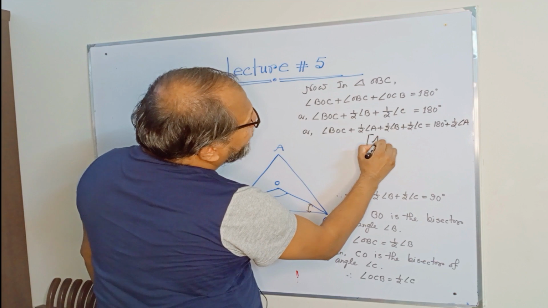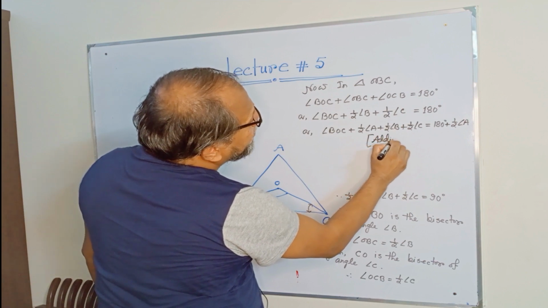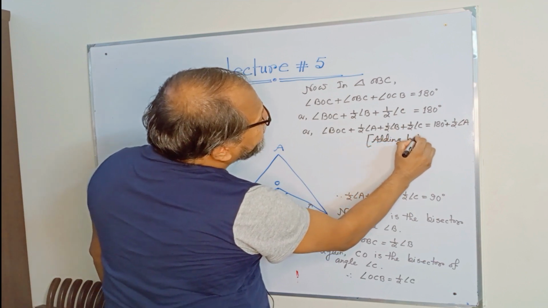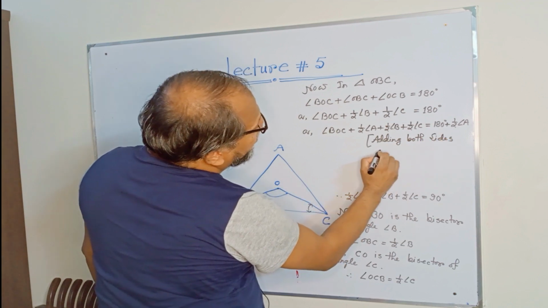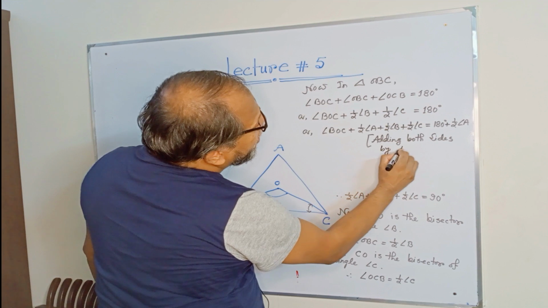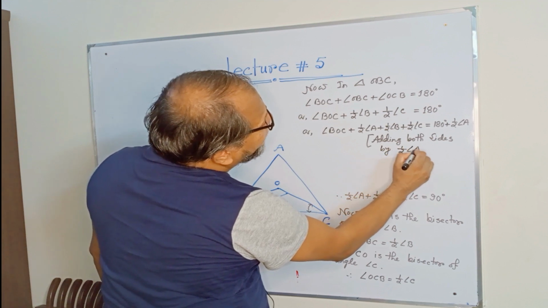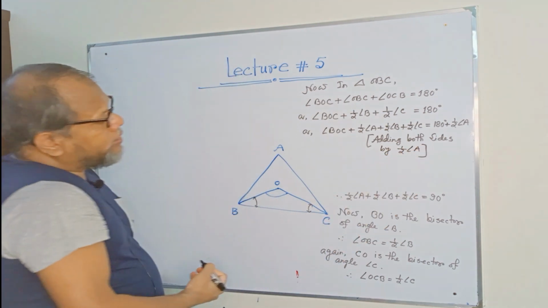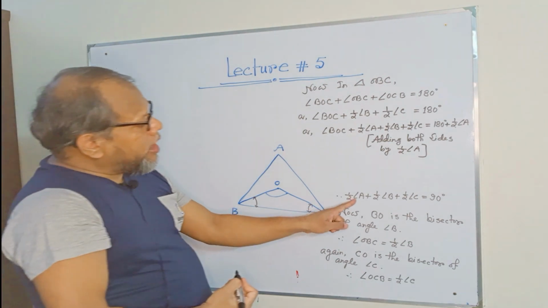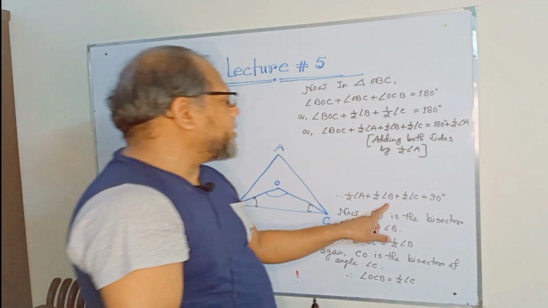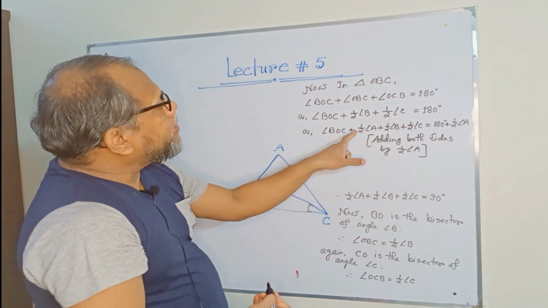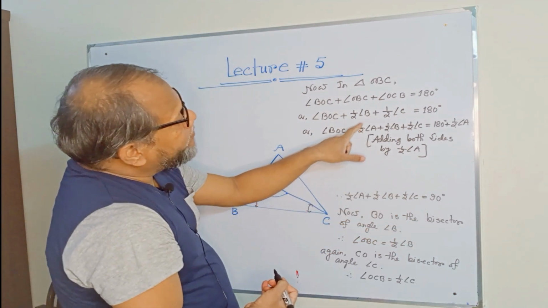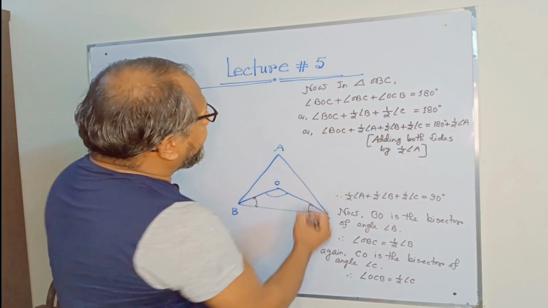Here we can write down, adding both sides by half of A. But here half of A plus half of B plus half of C is equal to 90 degree. I can write down the value: half of A plus half of B plus half of C is equal to 90 degree.